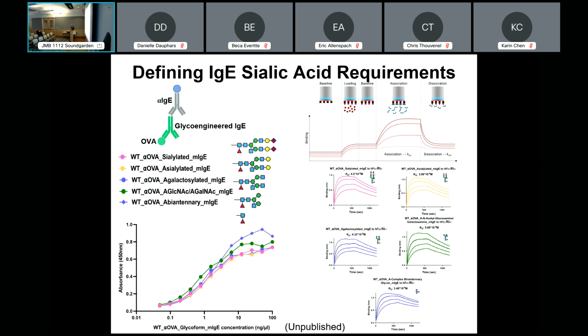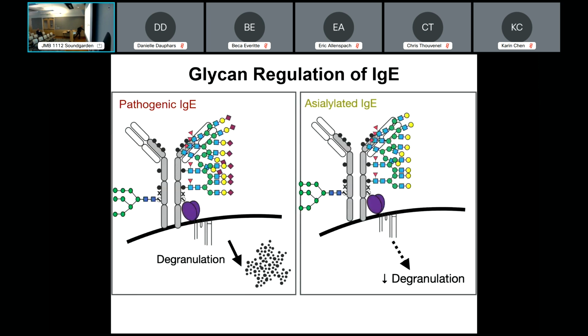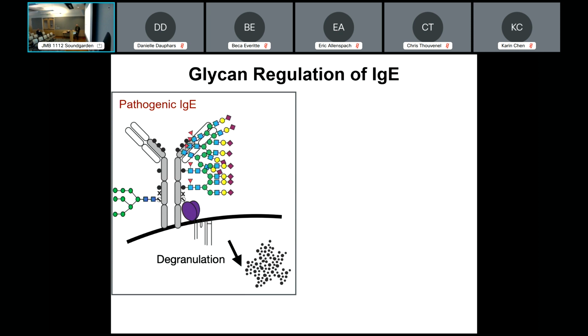That's an excellent segue, actually. If you'll humor me, this is what we think is happening. Allergic IgE, which we're calling pathogenic, has a ton of sialic acid, right? When you cross-link it, you get signaling and degranulation.